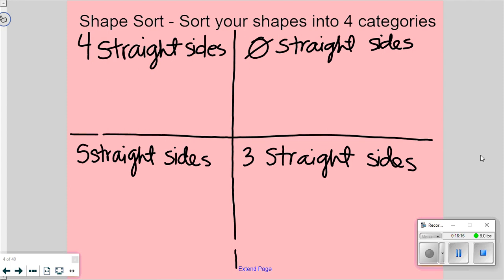Ariana, come draw one of the shapes that you put in the 4 straight sides category. Evelyn, come draw another shape that you put in the 4 straight sides category.